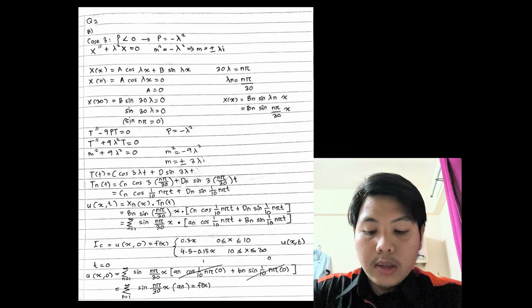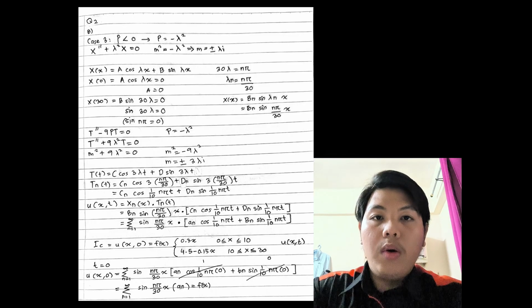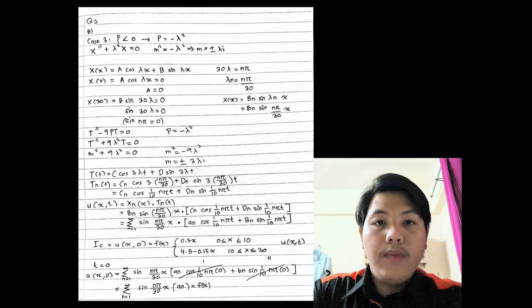Then u(x,t) = X_n times T_n, and summing over all n, u(x,t) = sum from n = 1 to infinity of b_n sin(nπx/30) times c_n cos(nπt/10).